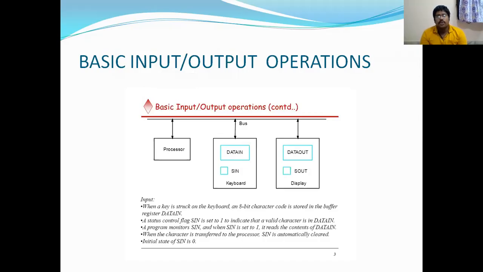And the units from which we get the output from the processor are referred to as output units. The best examples for input units are mouse and keyboard, whereas monitor and printer are examples for output units.